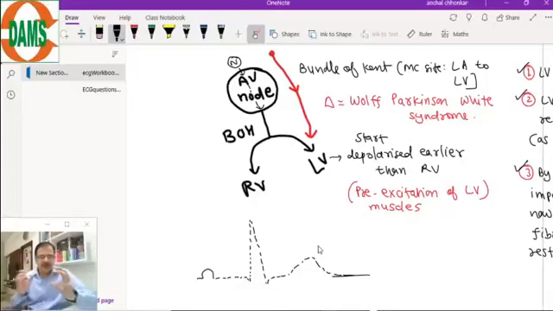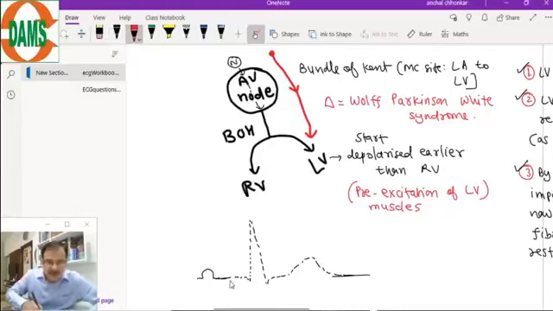So what happens? From the atria, impulse has two routes. First route is the accessory pathway, due to which it reaches the ventricle very fast, and the second pathway is the AV node pathway, where it is traveling slowly. It is traveling slowly through the AV node. So what will happen? The left ventricle will depolarize early, but that depolarization will spread relatively slowly.